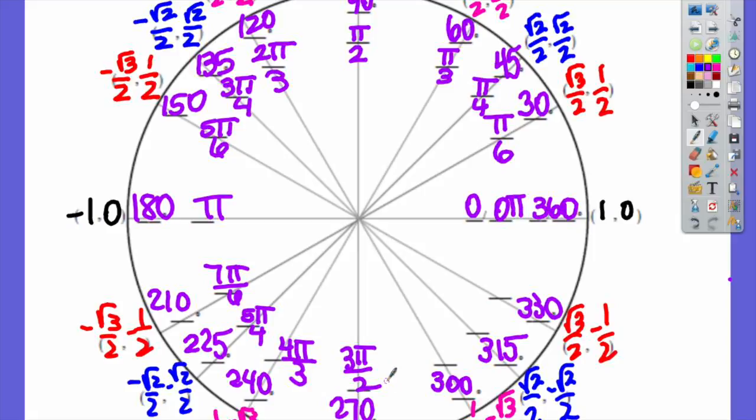So we're going 1.5 quarters. 300 is 5 pi over 3. 315 is 7 pi over 4. And 330 is 11 pi over 6. 360 is 2 pi. And there is the unit circle in all of its glory.